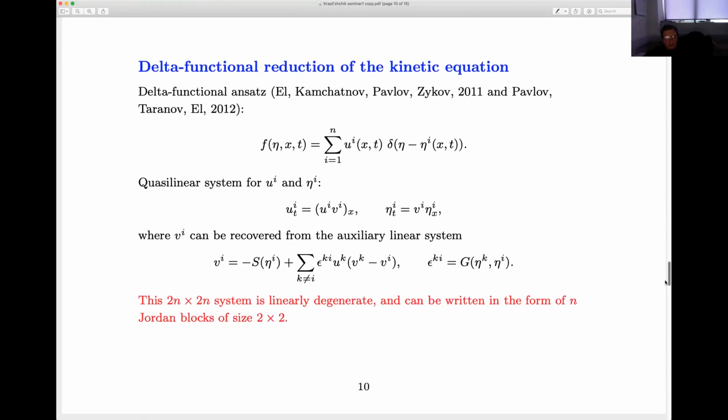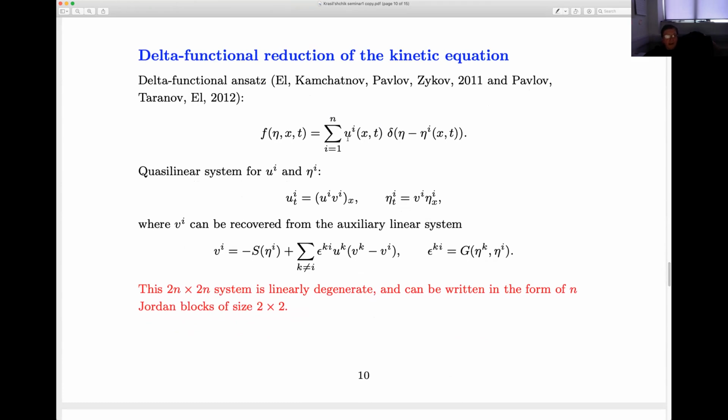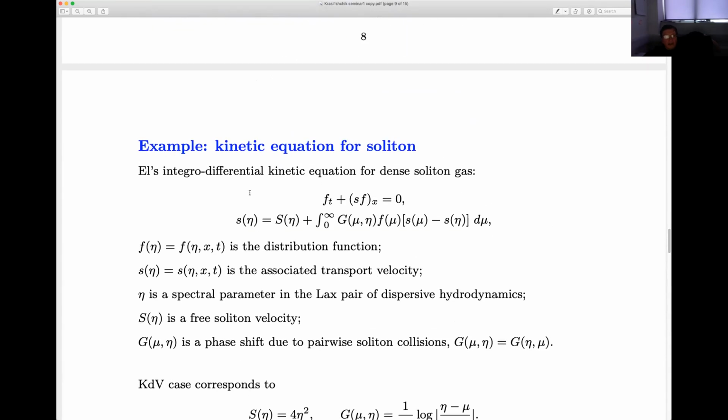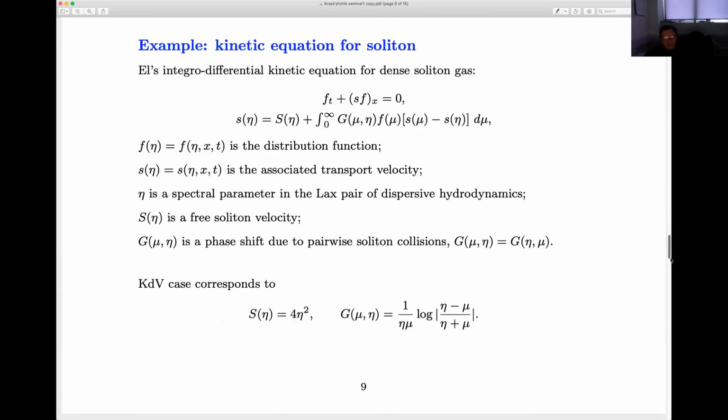Here u_i of x, t is the coefficient, and eta_i of x, t are parameters of this ansatz. And you plug this ansatz into the kinetic equation, right? And then when you plug this into the integral part, due to delta functions, all these integrals will be explicitly expressible. And then you plug it in here and you get the following system.